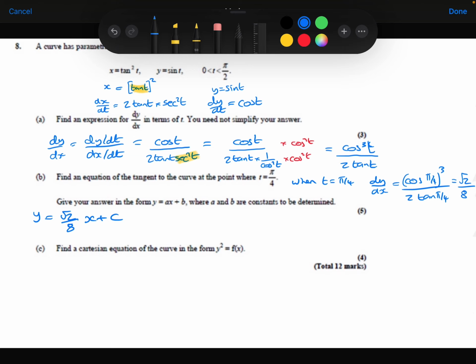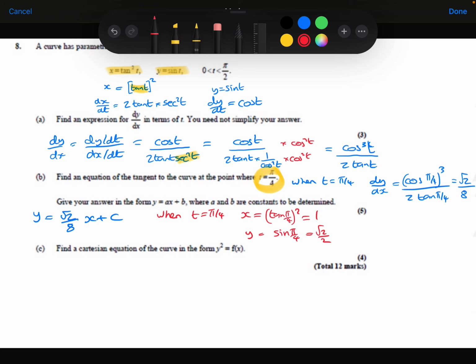I just need to find a coordinate now, the x and the y coordinate when t is pi over 4. So let's take the pi over 4 and substitute that back into the original equations. So when t equals pi over 4, x is equal to tan pi over 4 squared, which is just 1. And y is equal to sine pi over 4, which is root 2 over 2.